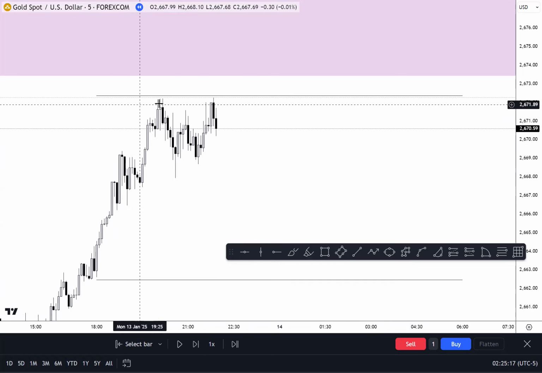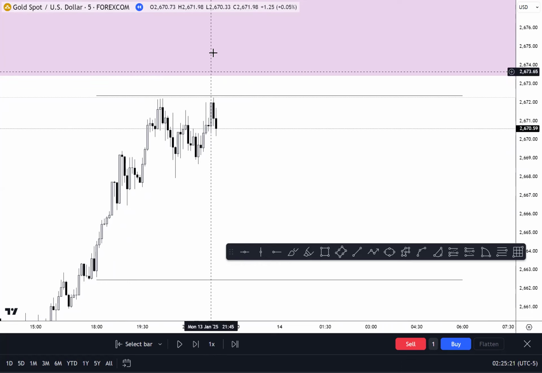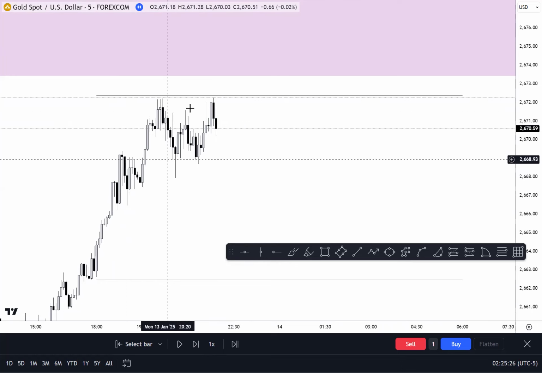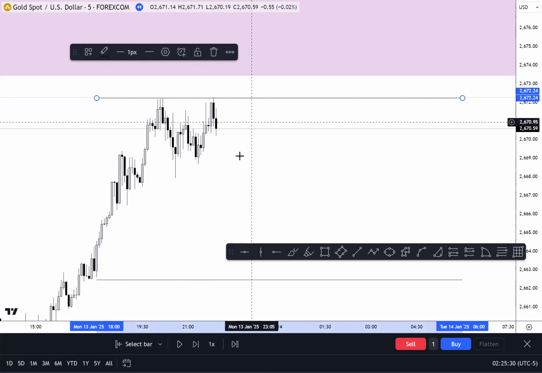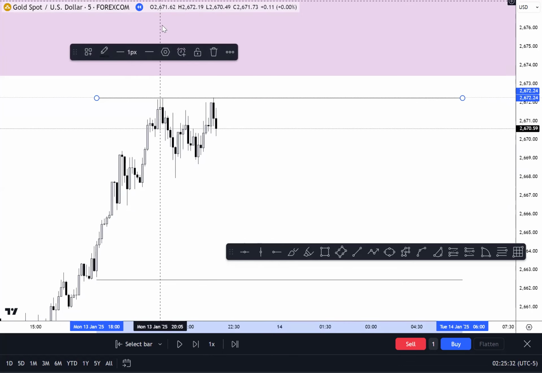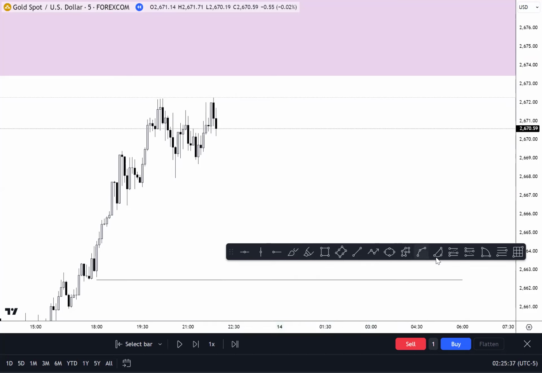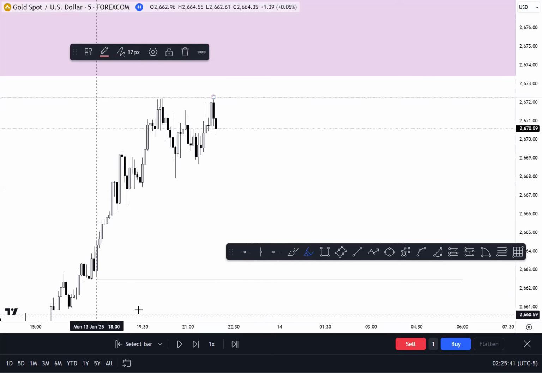So already we've gotten our place. We have our fair value gap, which is our key level for H4. Now we have the H4 high and low. Okay, I even want to take this. Let me just use, I don't want too many lines, not quite nice. So this is the highest point of that H4 candle.